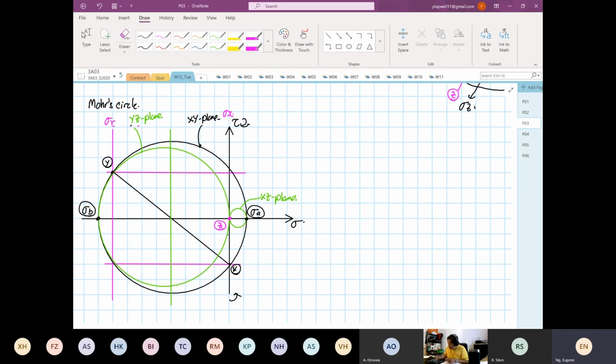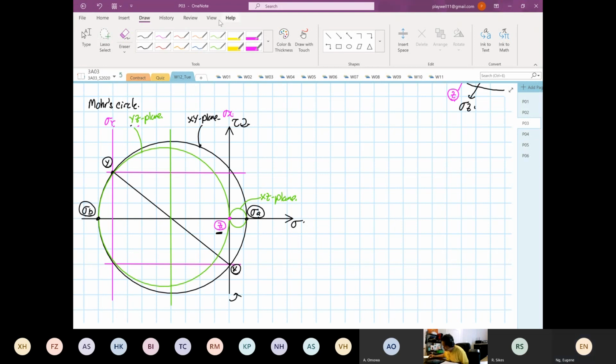If point Z over here is outside the XY plane circle, then you can immediately assume that stress A is equal to 0, or stress B equals 0. For this case, it will not be. Okay, that is the purpose of the sketch.